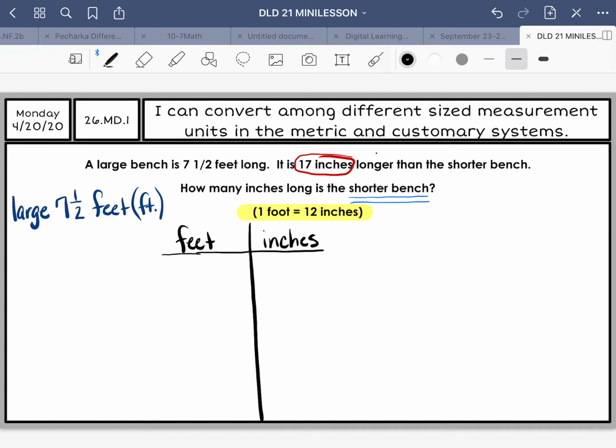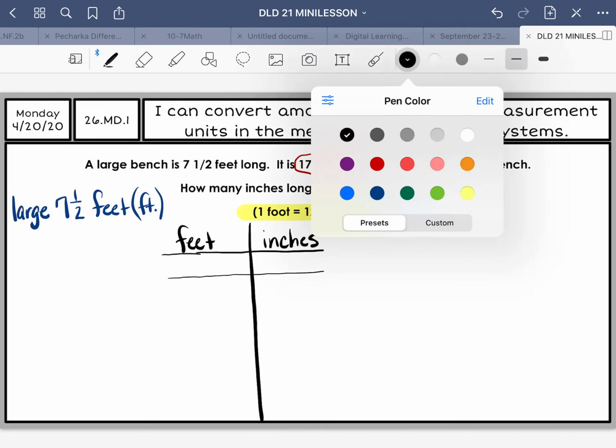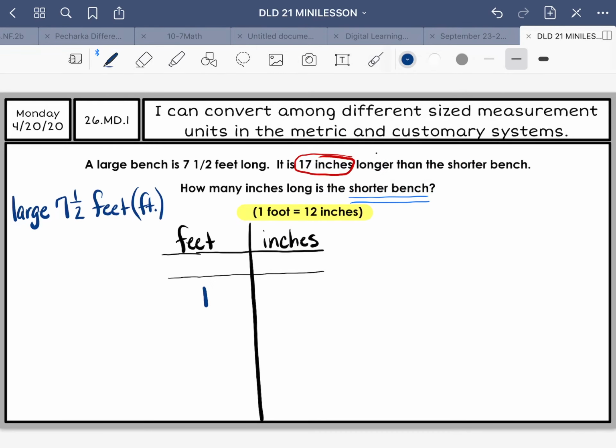Now I want to share my thinking with you. I'm going to draw a line right here and I'm going to leave it. I'm going to come back to this a little bit later and explain to you why I left it. But I already know that 1 foot equals 12 inches.